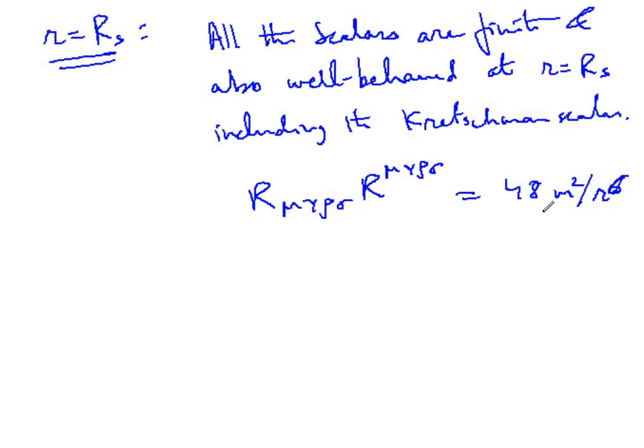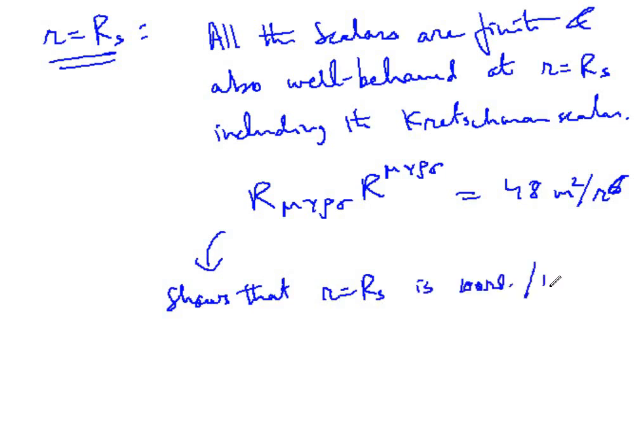Now this thing, it is finite. So what does this mean? This means that r is equal to rs is a coordinate, or you can say removable singularity.